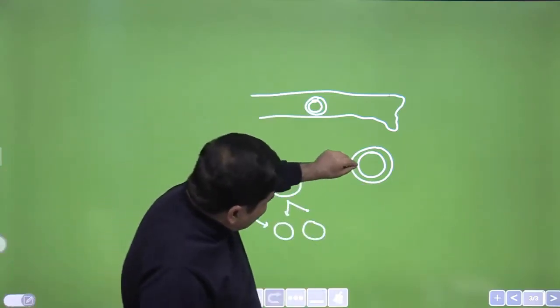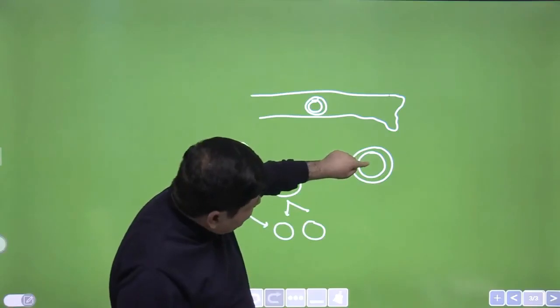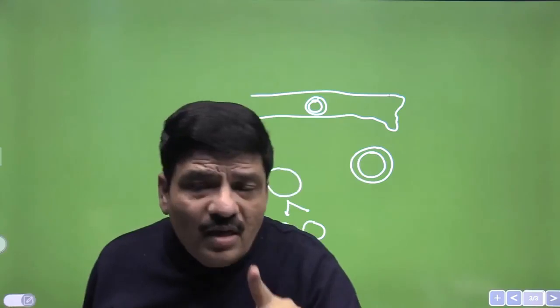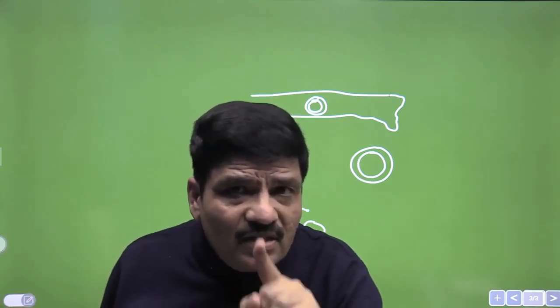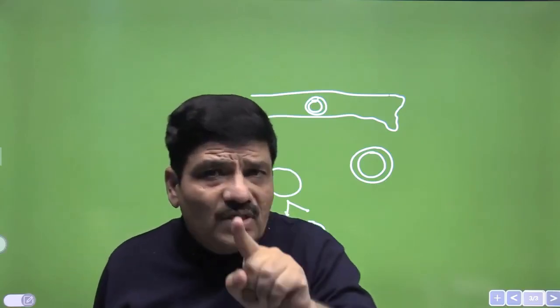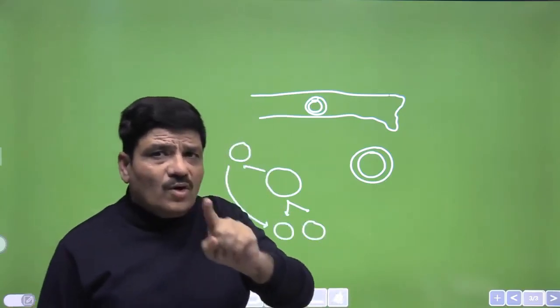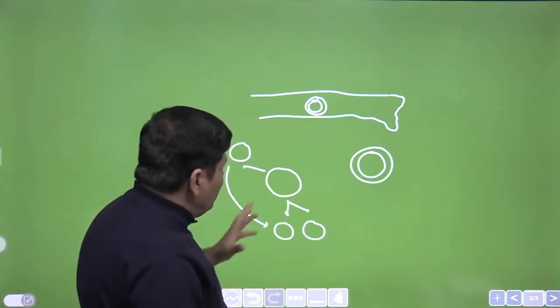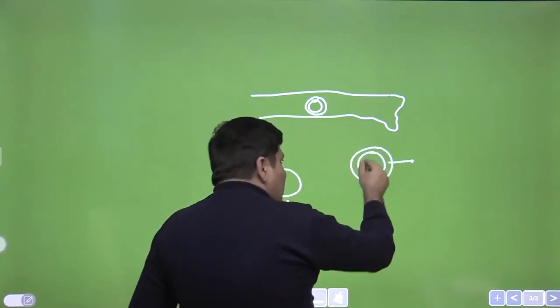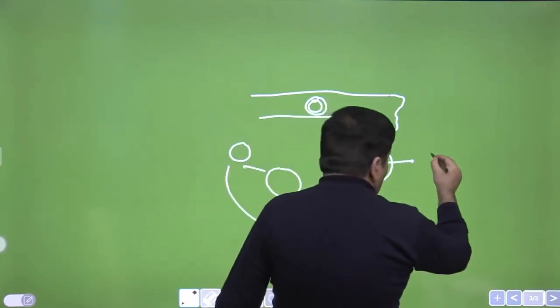So the divisions of the zygote and the early embryo would be essentially mitotic, but there would be a key difference. The key difference would be that there would be no overall growth of the structure, no overall size increase.